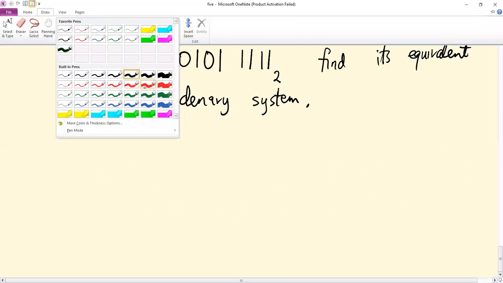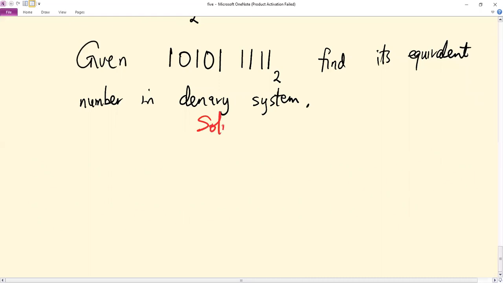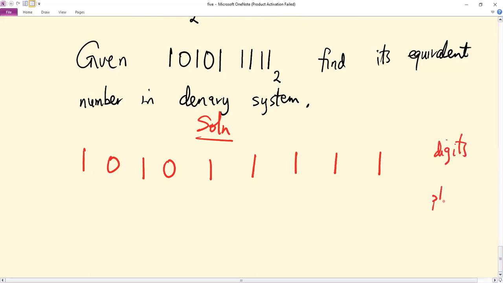So you write the digits: 1 0 1 0 1 1 1 1 1. Then place values.